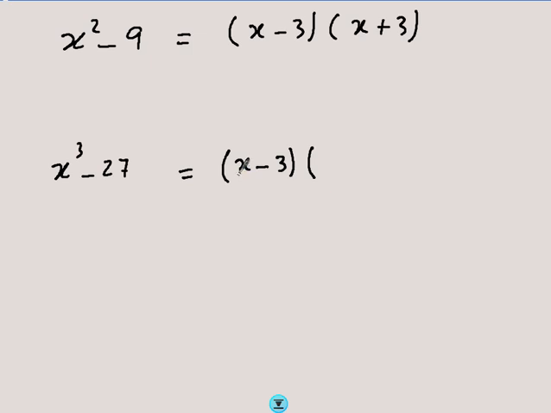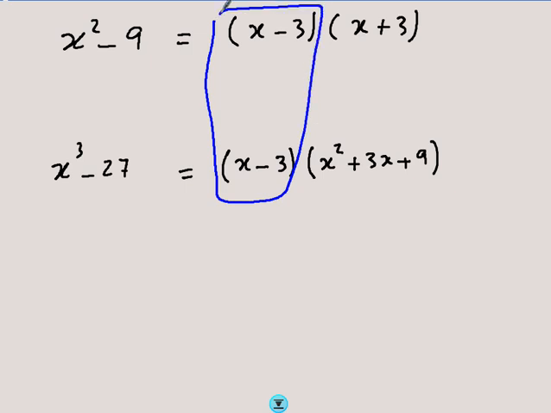times this term squared, change the sign, the two terms multiplied by each other without the negative, plus this squared. You check, you will find that the x minus 3 is common between the two expressions.